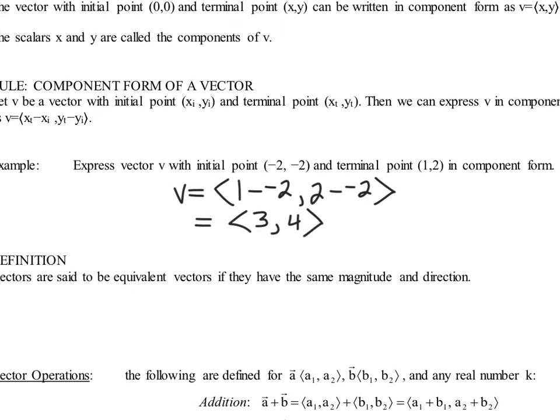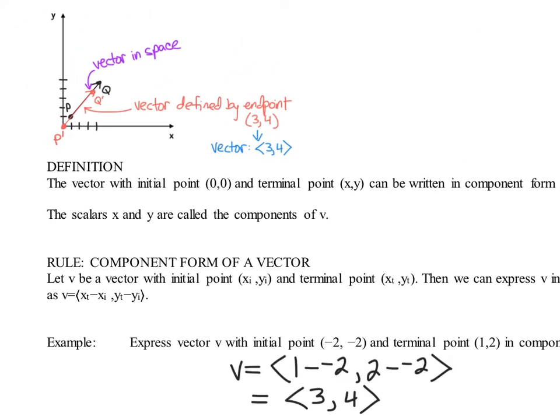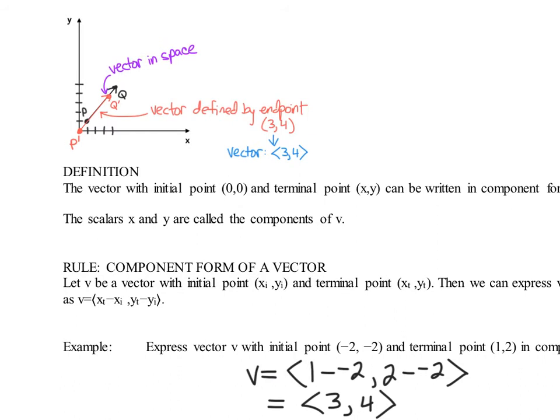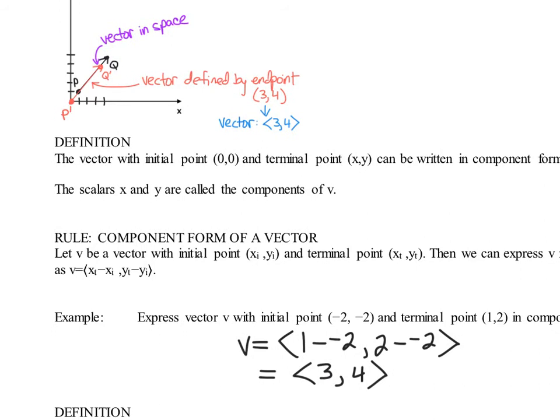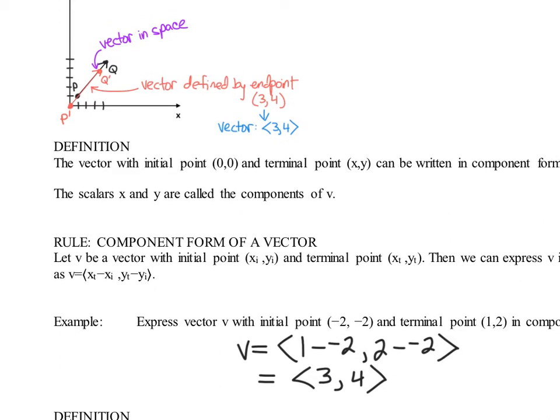Vectors are equivalent if they have the same magnitude and direction. So I can draw a bunch of different vectors in space such that when I pin them down, they all give me the same vector in component form. Here's an example right off the bat. In that intro example I started with 1, 1, and 4, 5, and that gave me a vector 3, 4.